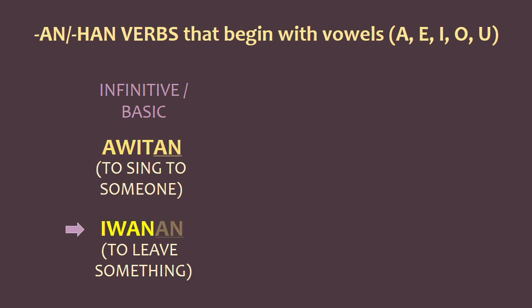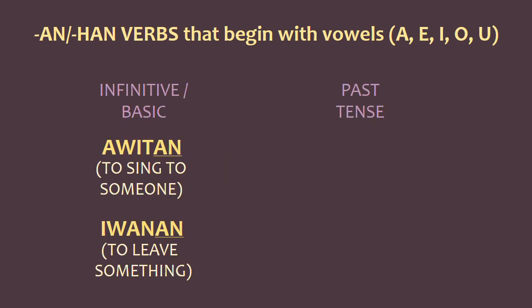And for this one, it's iwan, or leave. To get those, just simply remove the suffix an, or if it ends in han, remove the han from the basic or infinitive form. Okay, let us begin.